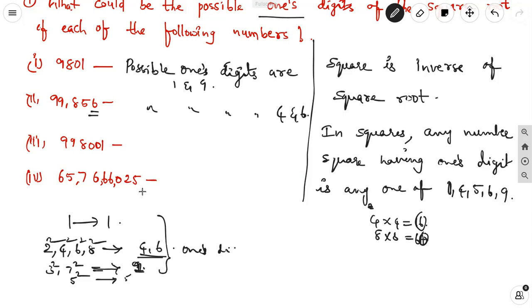So if it is 1, we get either 1 or 9 also. For 1 squared and 9 squared we get 1 only: 1 one is 1, 9 nines are 81.